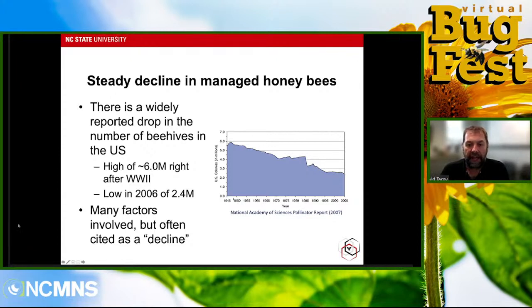So just after World War II, there was a height of around 6 million managed beehives in the US, and that number has slowly declined over time, so that we have between 2.5 to 3 million beehives. So a very slow, not precipitous, but a slow decline of the number of beehives.